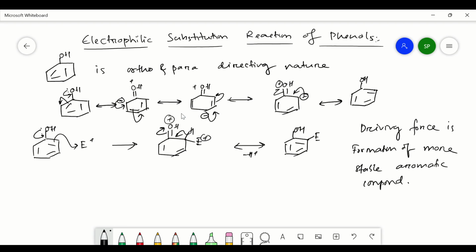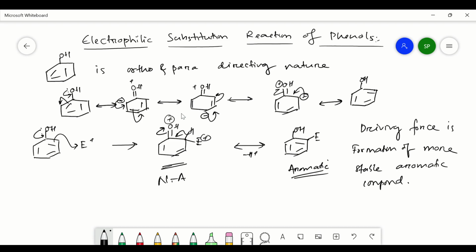If you see, this one is non-aromatic; if you lose one H plus, there will be formation of an aromatic compound. This is the driving force for the removal of H plus and formation of the substituted phenol.